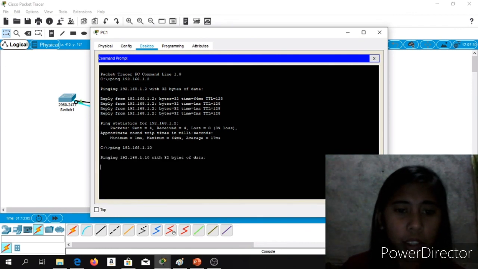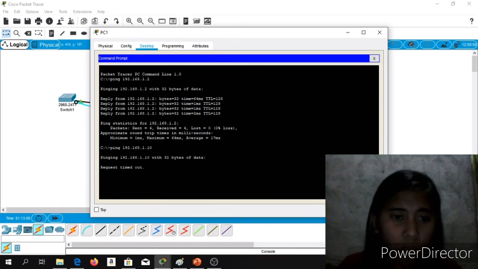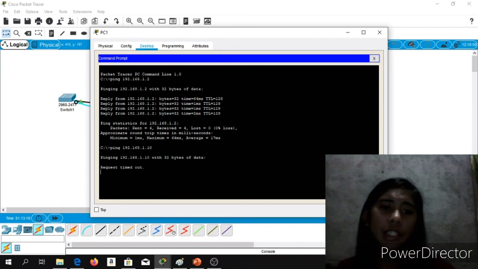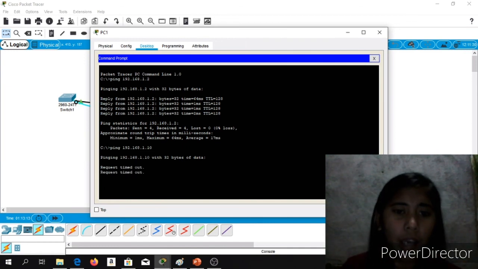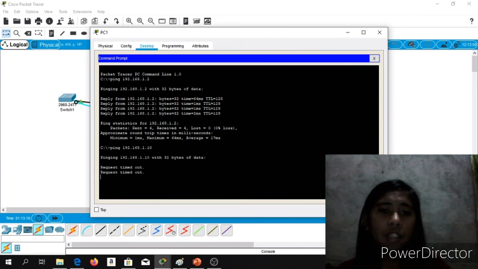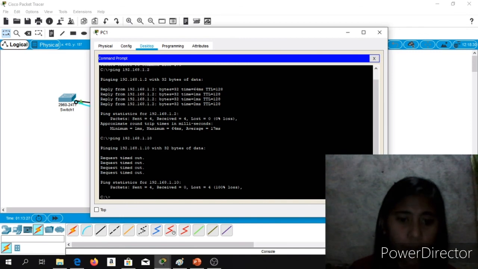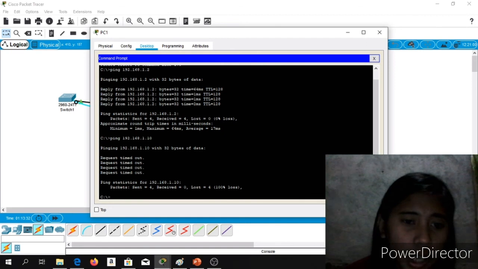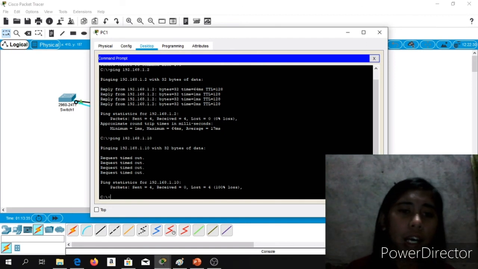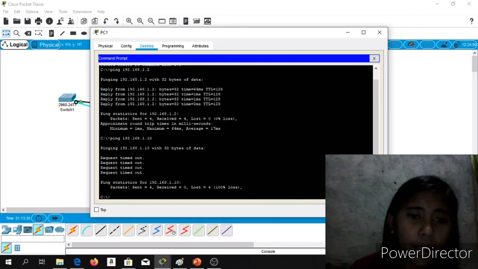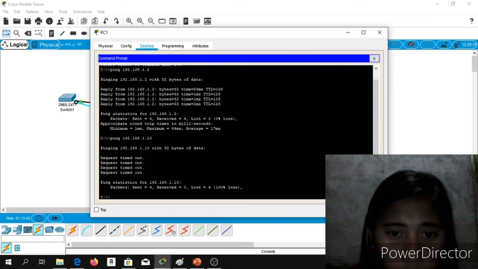So it was pinging. Here in pinging 192.168.1.2, it has 32 bytes of data, and also in 192.168.1.10 with 32 bytes of data. As we can see, there are statistics for the IP address of PC1, and the packets sent equal 4, received 4, and lost 0.